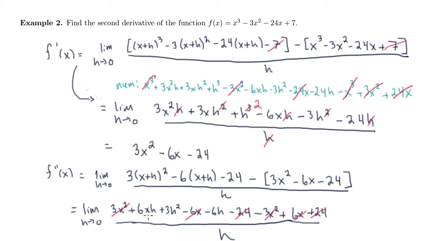We're left with 6xh plus 3h squared minus 6h. We can cancel one factor of h, and all we're left with is 6x minus 6 plus 3h. But as h goes to 0, 3h goes to 0. So all we're left with is 6x minus 6. And that is the second derivative of that function.